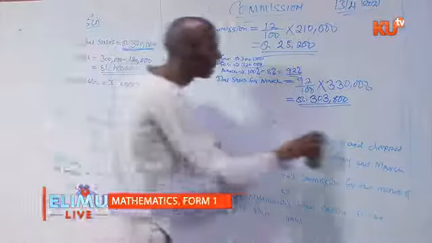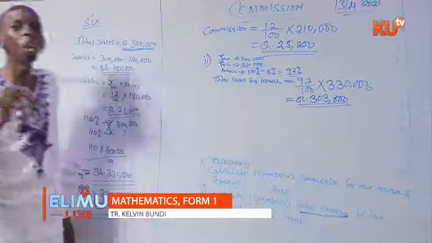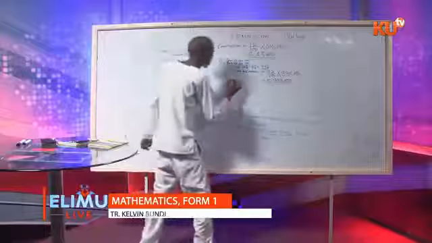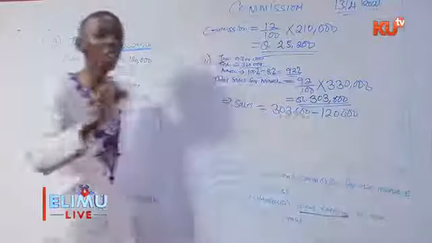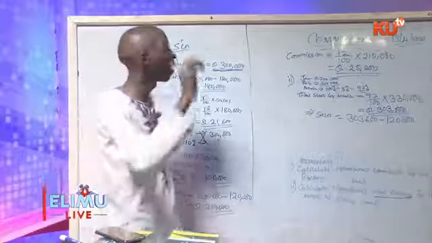Since this is the total sales for March, and we are asked to get the total earnings for the month of March, the sales from which you'll get commission is 303,600 shillings minus 120,000. Remember, he is given commission for sales above 120,000.